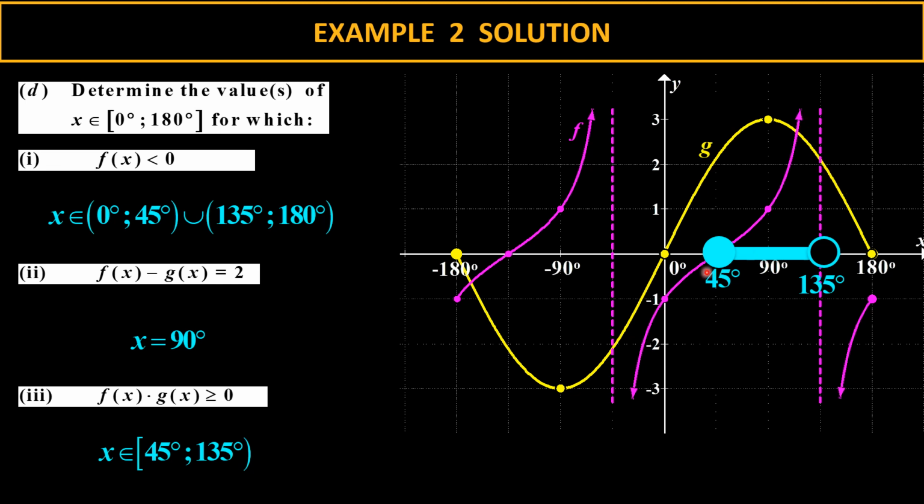But between 0 and 45, the sine is positive, but the tangent is negative. From 135 to 180, the sine is positive, and so this is the interval there. But because I have an equal, I can include that 45. But 135 is an asymptote, so I have to exclude the asymptote value there.